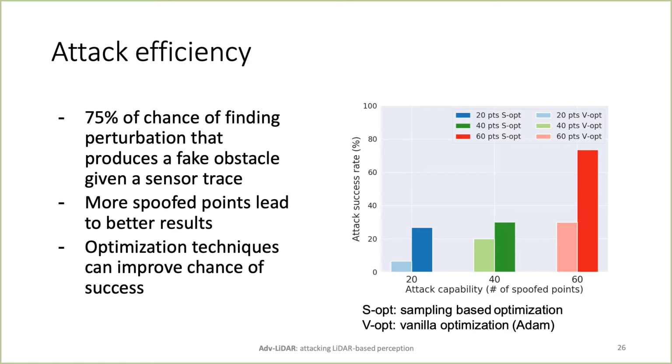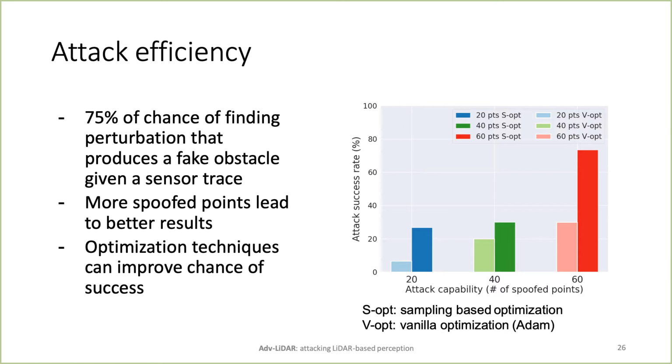And so their attack basically found that given some sensor trace, so some location the car was at in the real world, they had a 75% chance of finding some kind of perturbation, so some set of spoof points that would then cause the system to think there was a fake obstacle there. So pretty high, and you can see on the graph, based on the x-axis, 20, 40, and 60, that if you add more spoof points, you had better chances of it being successful.